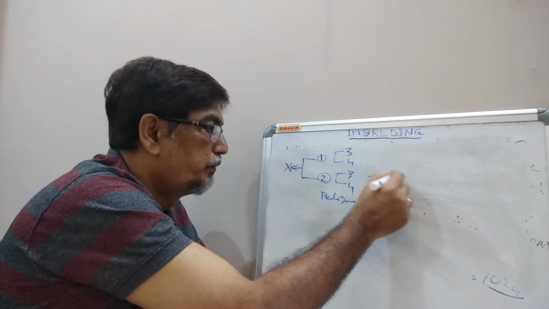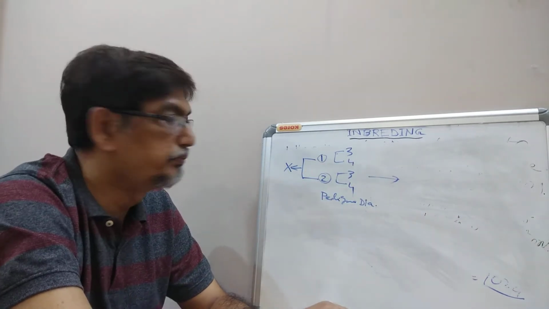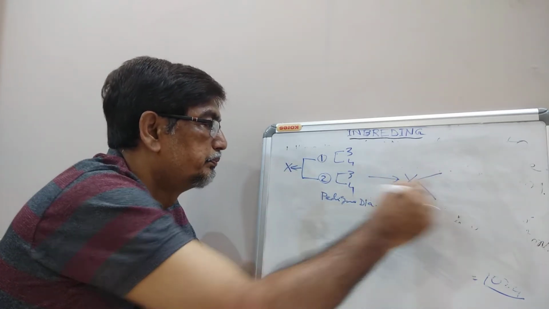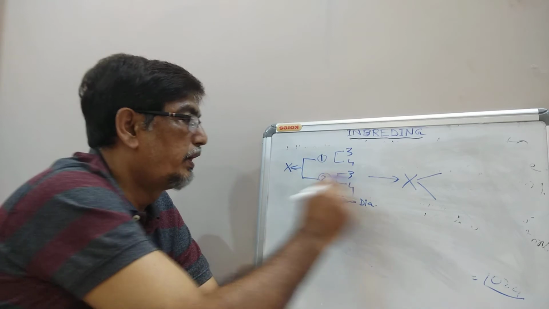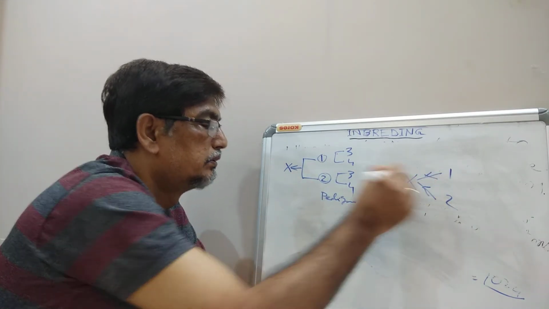Again, if we make an arrow diagram, how will it go back? Here individual X is produced by both parents 1 and 2, with arrows like this.